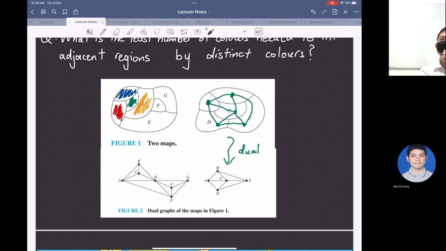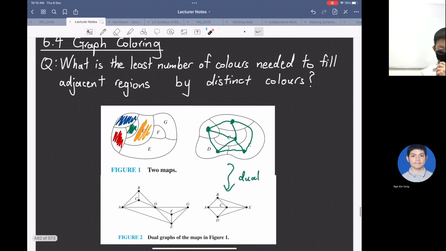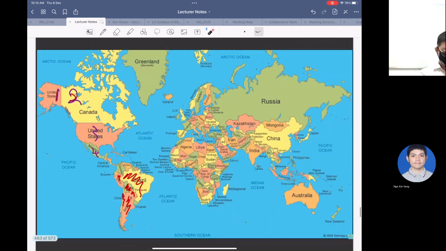So in that case it is 2. But now you are looking at a different graph here, not bipartite anymore. I think it's planar, I'm not sure. Never mind.